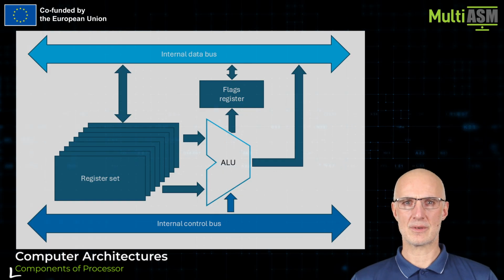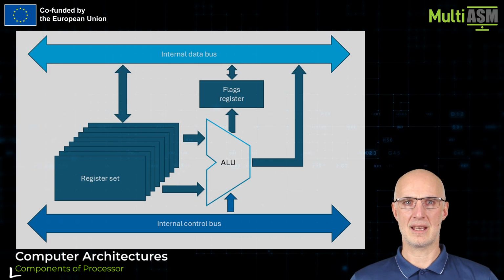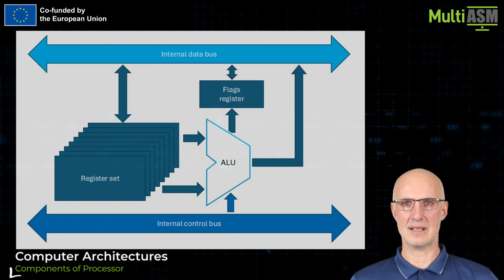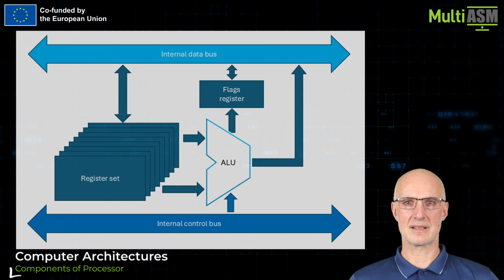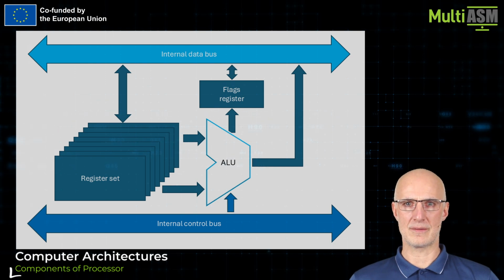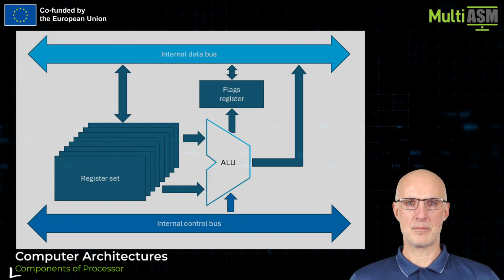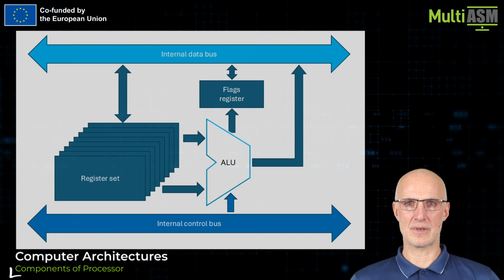Typically, the flag register includes carry flag, set in case a carry or borrow occurs, sign flag indicating whether the result is negative, zero flag, set in case the result is zero, auxiliary carry flag used in BCD operations, parity flag, which indicates whether the result has an even number of ones.